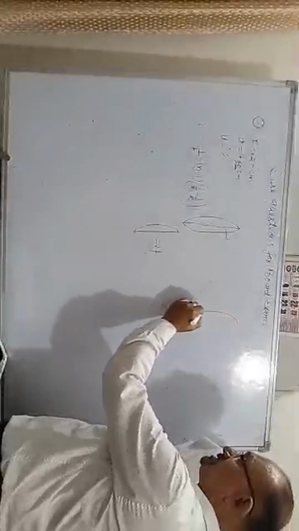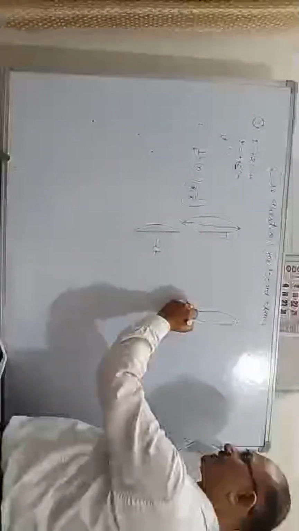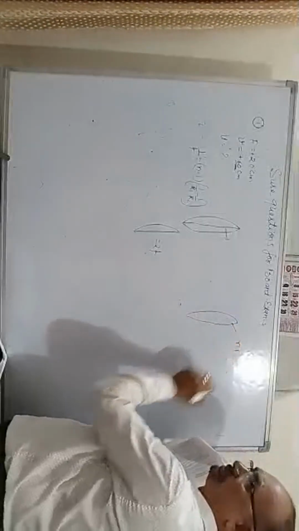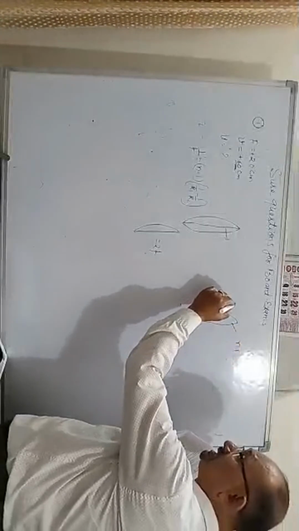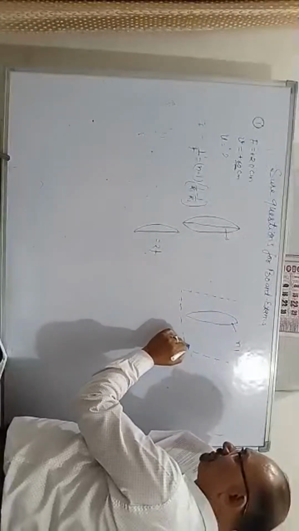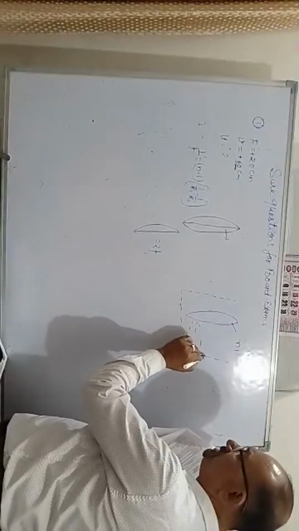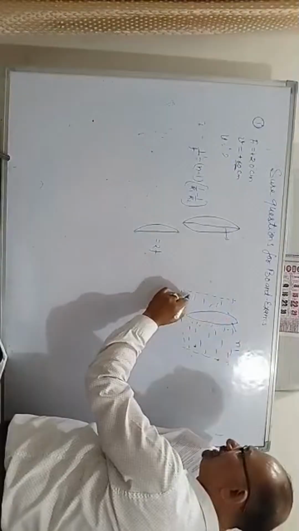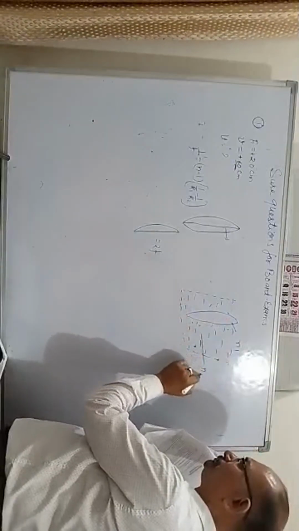Question. Very important question. Suppose this lens has refracting index n1, and it is immersed in a medium whose refracting index is n2.